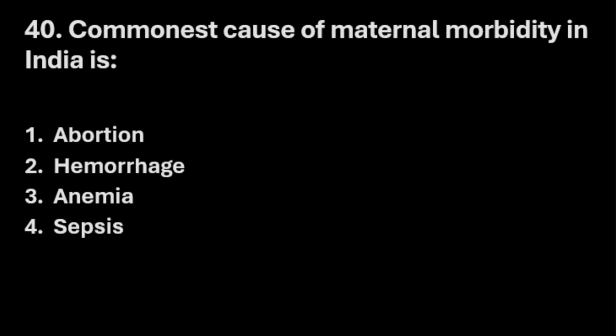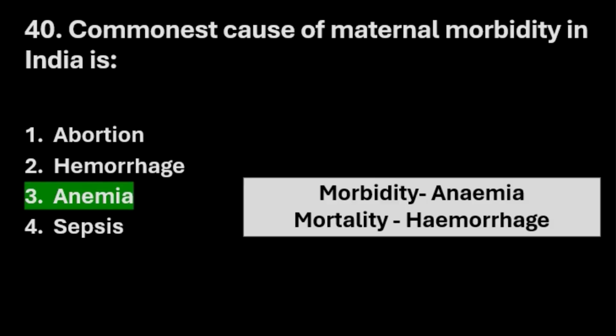Next question. Commonest cause of maternal morbidity in India is option 1, abortion. Option 2, hemorrhage. Option 3, anemia. Option 4, sepsis. This is a tricky question. Here the right answer is option 3, anemia. But sometimes the answer will be mentioned as hemorrhage also.